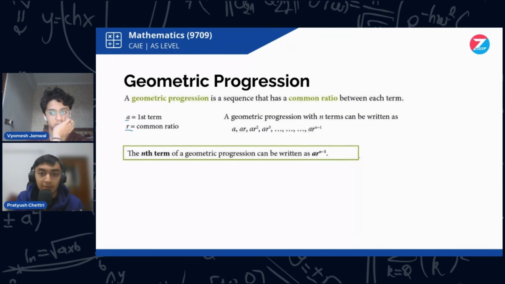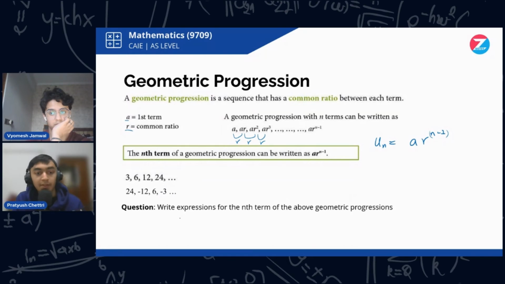So the nth term, un, is the first term times the ratio to the power n minus 1. Again, this is because the ratio between this and this is r, this and this is r, this and this is r, like that.